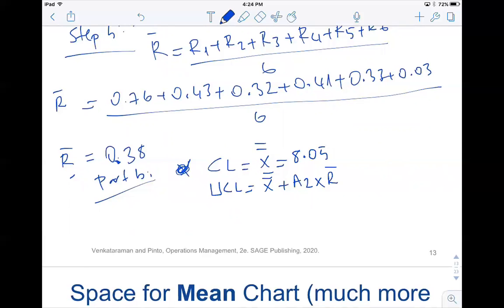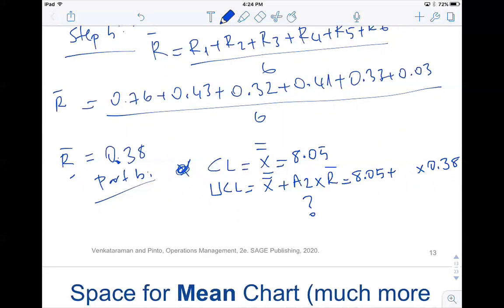I do know X bar, that is 8.05, plus the A2 value, which I'm going to look up from table 6.1, but I do know my R bar value, and that is equal to 0.38.